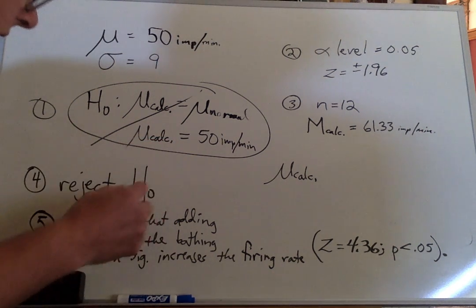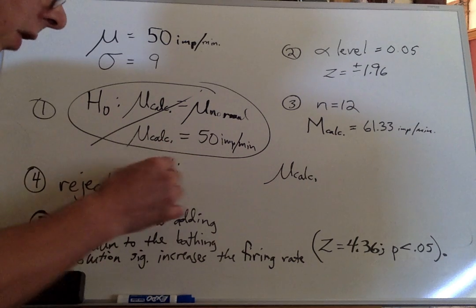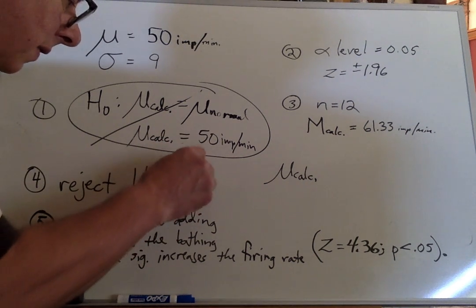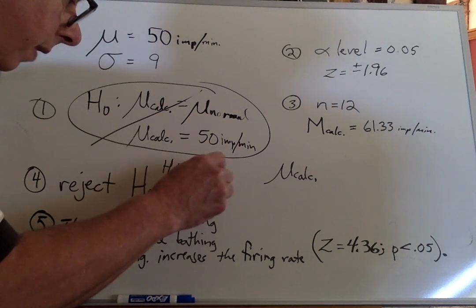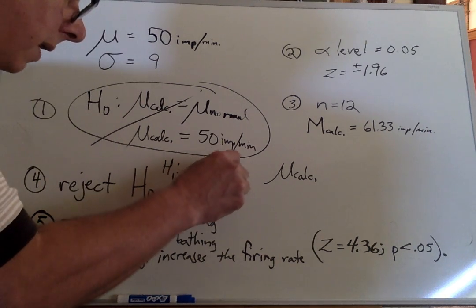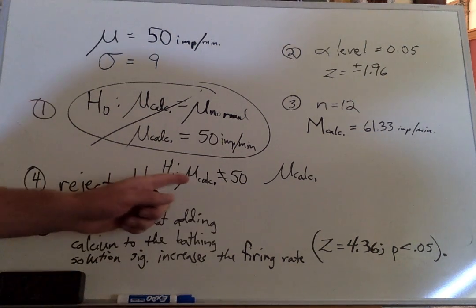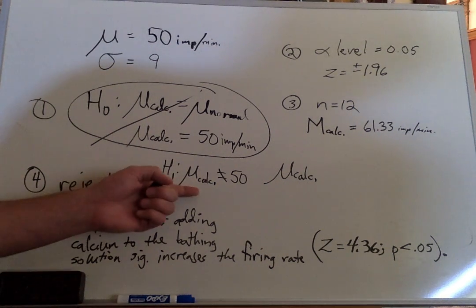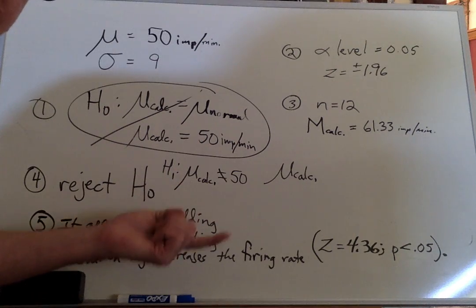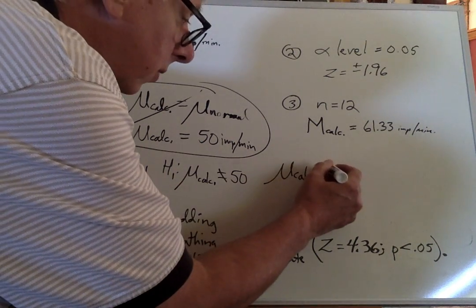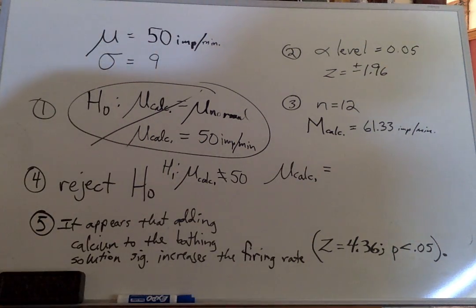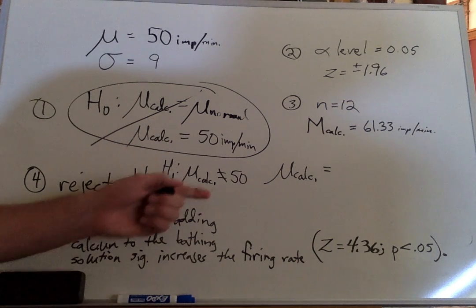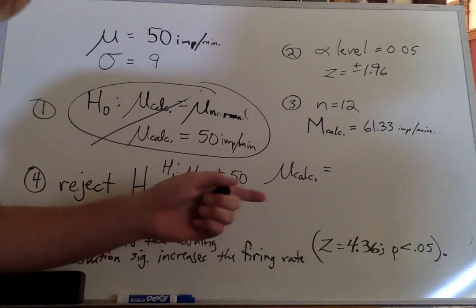In fact, if we look at our alternative hypothesis, it said that the firing rate of calcium is not equal to 50 impulses per minute. So it's telling me what it's not, but of course, what I want to know is what it is, okay? I mean, if it's not 50, what is it?